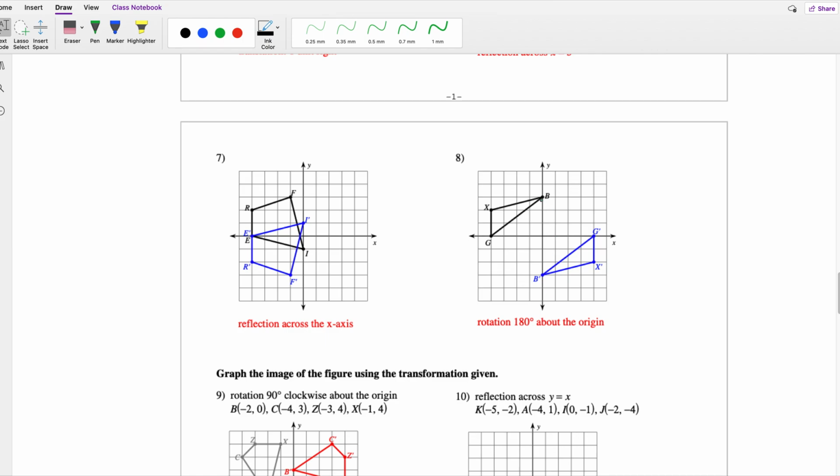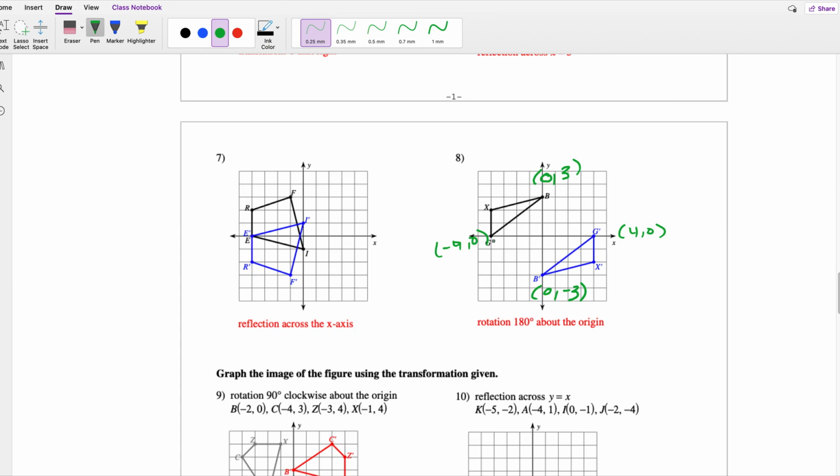So if you think about it, here we have B, which is at 0, 1, 2, 3, 0, 3. And then this one, the rotated point is 0, negative 3. So G is 1, 2, 3, 4, negative 4, 0. And so this is positive 4, 0, our G prime.